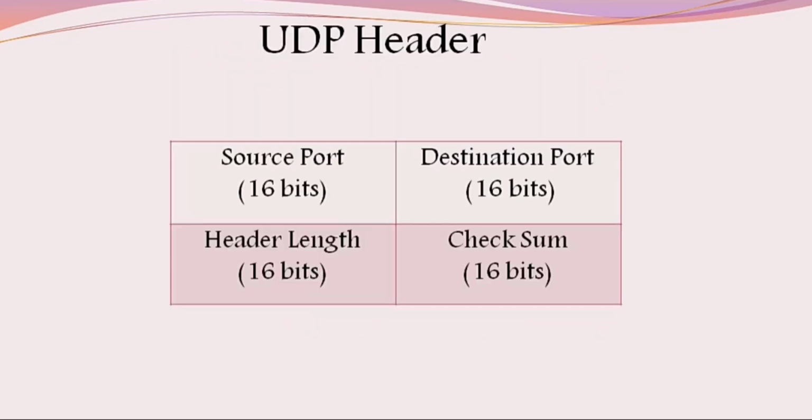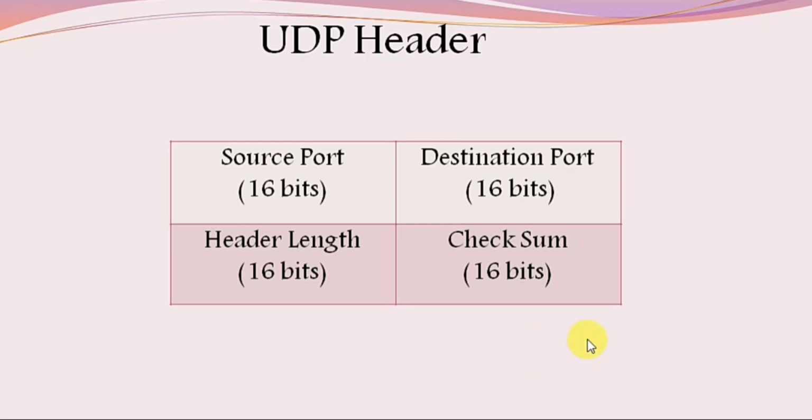If you see the UDP header diagram, it consists of only 4 blocks, each of 16 bits. So it doesn't have any sequence number. That's why, without proper ordering, the UDP will send multiple packets to the receiver irrespective of loss present in the transmission of packets.